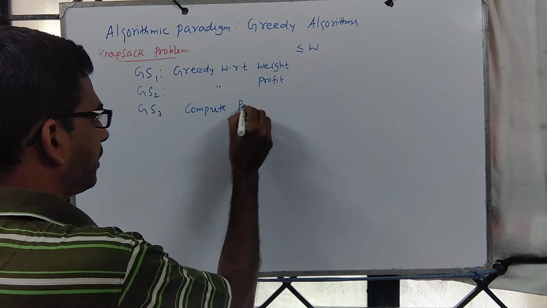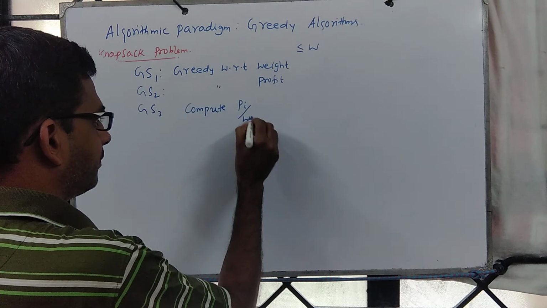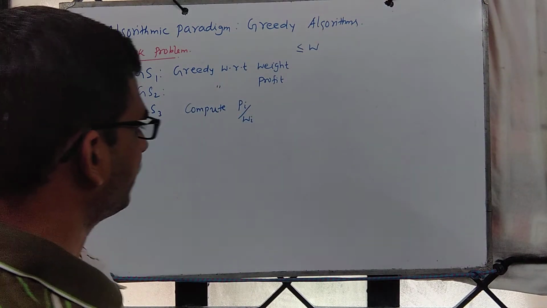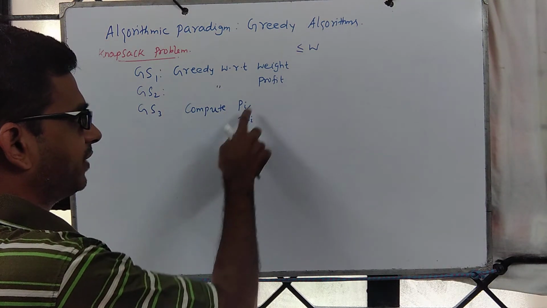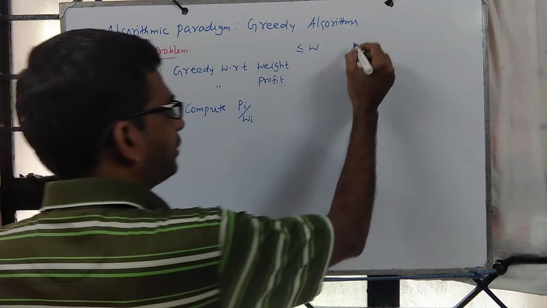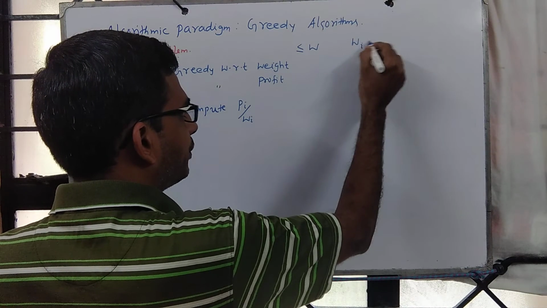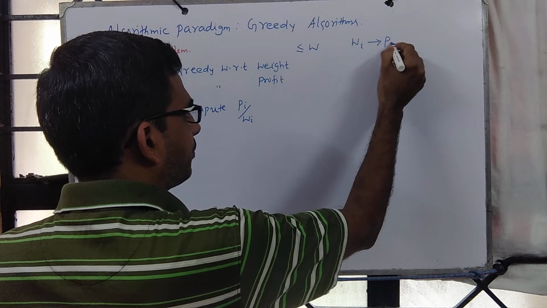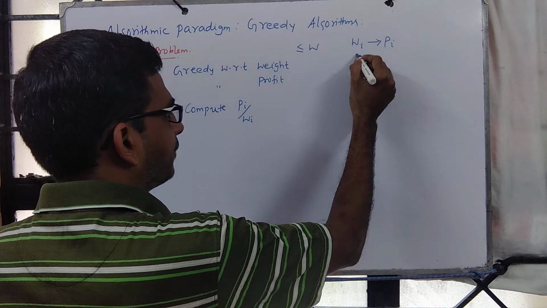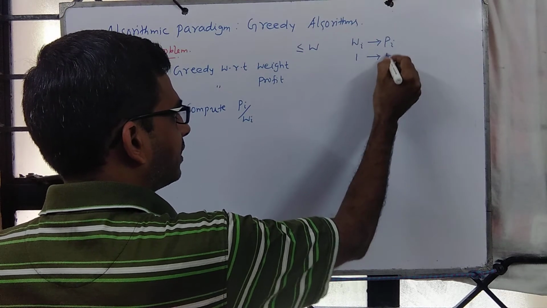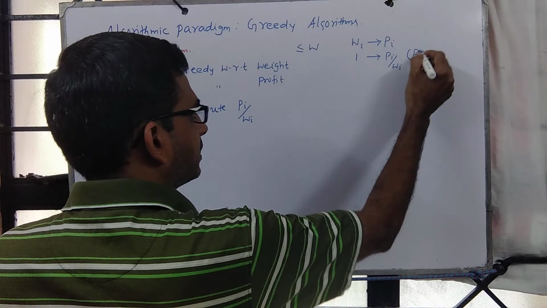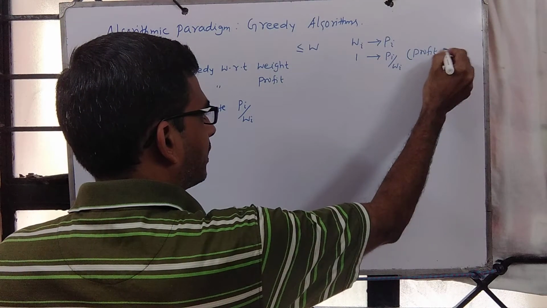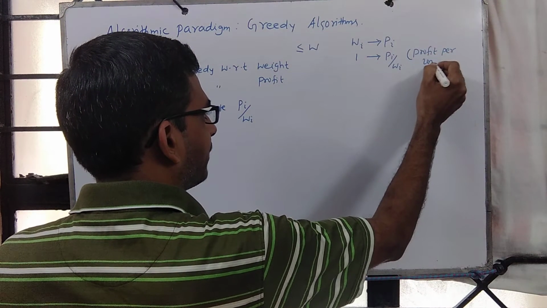profit per unit weight. If I take 1 unit of Wi, what is the profit I get? What is given to us is if you pick Wi, then you get a profit of Pi. So if I pick 1 unit of that, then the profit earned is Pi by Wi. So this is profit per unit weight.